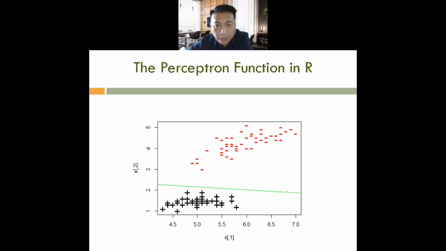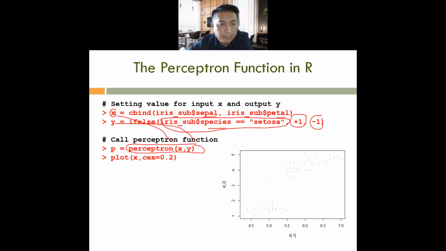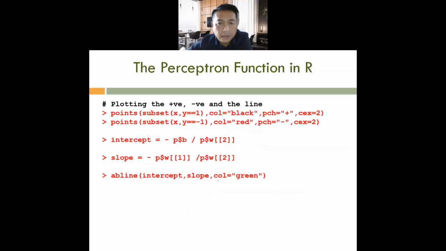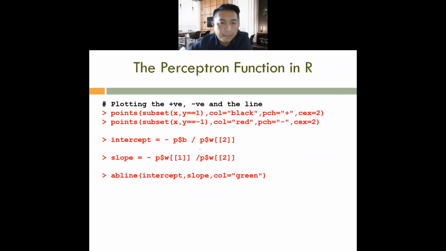So when we draw a line here, based on the P that we have generated, we are able to draw the line based on the value of the intercept and also the slope. The value of the intercept is based on the weightage and also the bias.